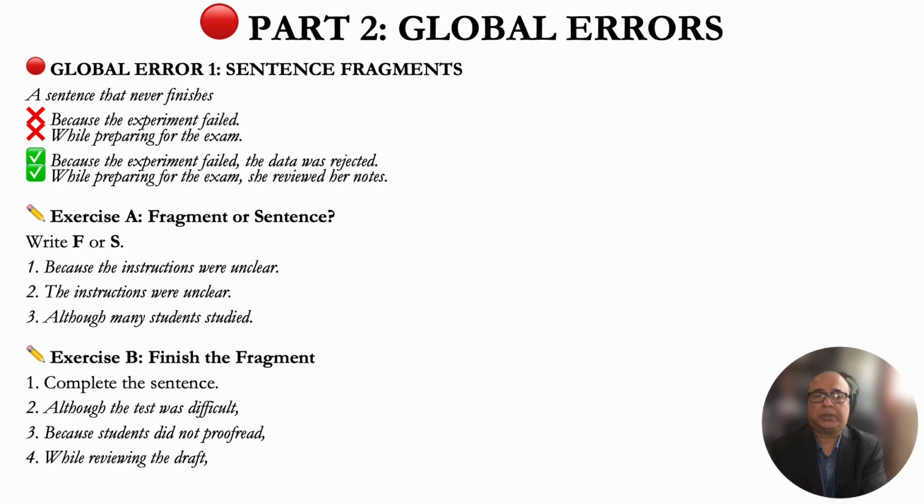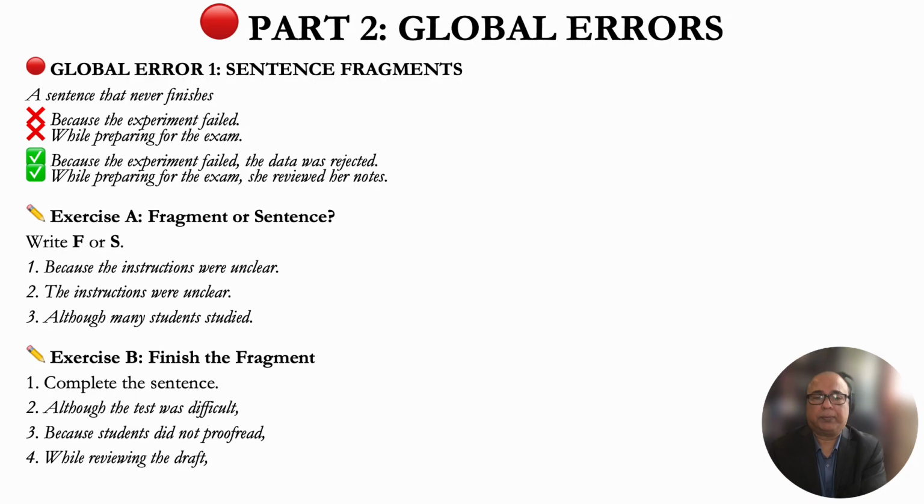So the 2 exercises I would like you to do: this is one of the most serious global errors in writing, and I need you to avoid making them when you write a paper for your professor, all right? So write F for fragment or S for sentence. There are 3 sentences.